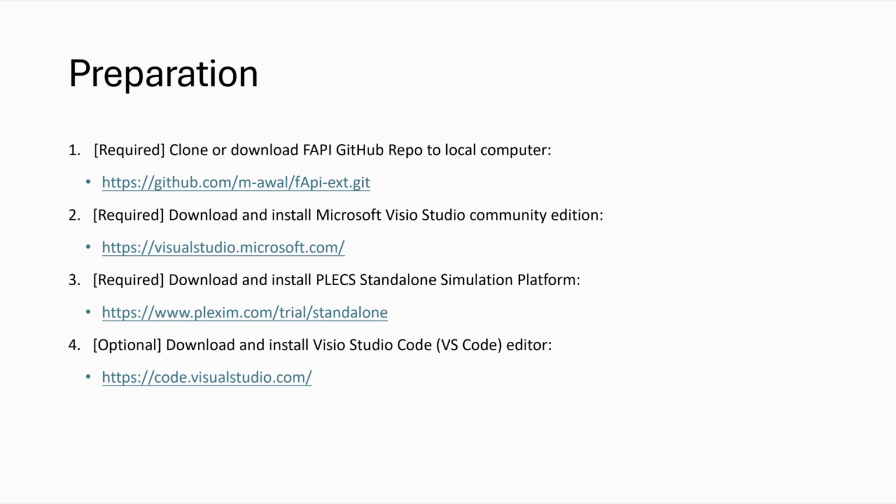In this video, we will first discuss in detail the different parts of the package inside the GitHub repo. Then we will show how we start to build and validate controllers using FAPI in the software in the loop environment. When the controller is successfully verified in SIL, the developer may share their external application with the NC State team as a white box or black box in the form of a static library file.